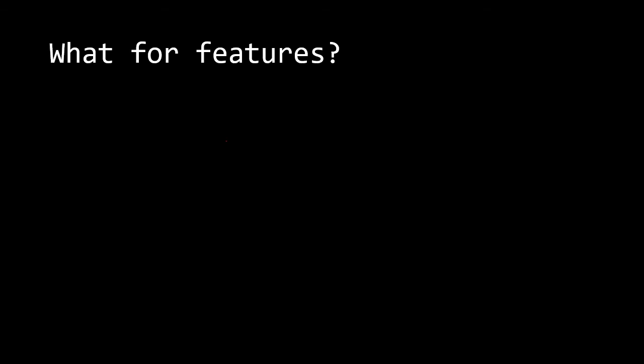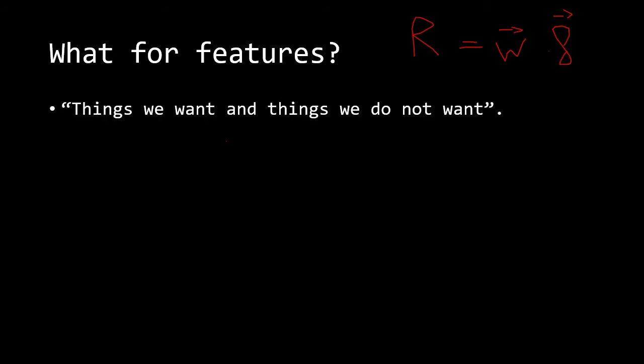All right, now what about features? I just said that we want to recover R, and R is the product of a weights vector together with a features vector. The features should be defined. We had a first proposal for the RL model-free case. Basically, they should represent some things we want and some things we don't want.